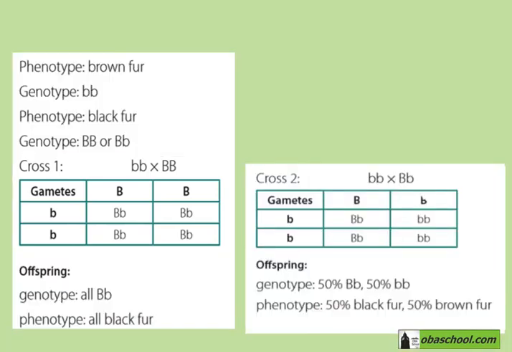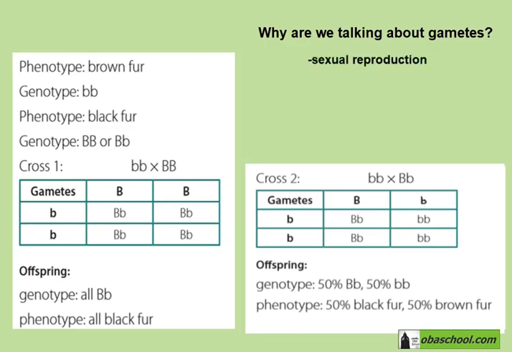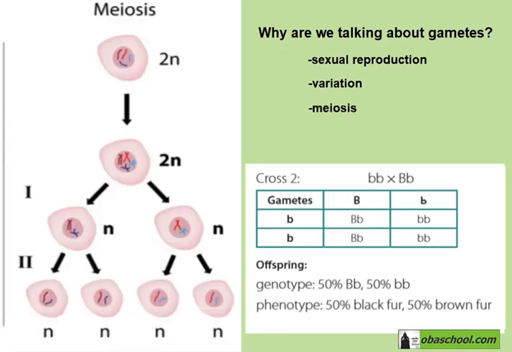Why are we talking about gametes? Because remember, here we are talking about sexual reproduction, which is what brings about variation. And in sexual reproduction, gametes undergo meiosis before they do this combination or this crossing, before fertilization. And when they do, the chromosomes are going to split in half.